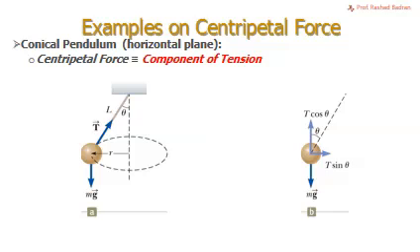That's why we can tell that the two forces perpendicular to the circle are balanced, while the only force acting towards the center is the component of the tension, T sine theta.